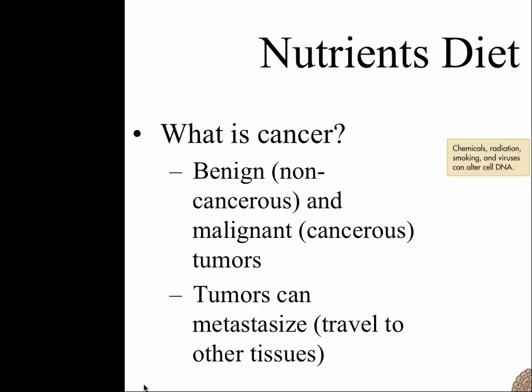Does anybody have any questions about that so far? Yeah. If you have cancer of an organ, like lung cancer, is it necessarily that the cells there are lung cells, or is it just that they're cancerous cells?